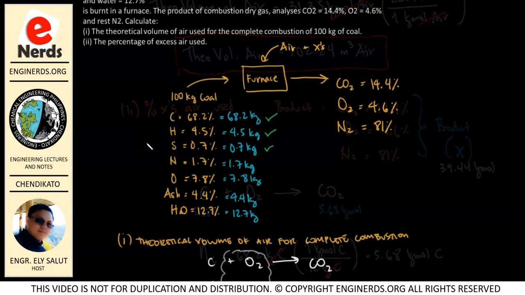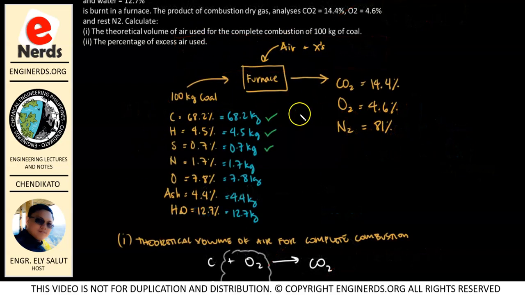If you're going to look at this diagram, so as you can see, our nitrogen is coming from air and coming from the coal, which is we have 1.7 kilogram of nitrogen.